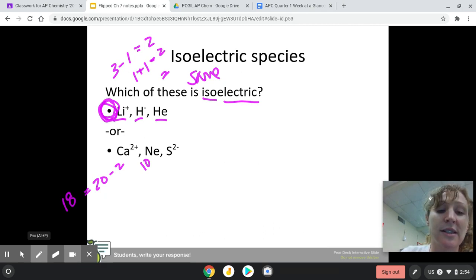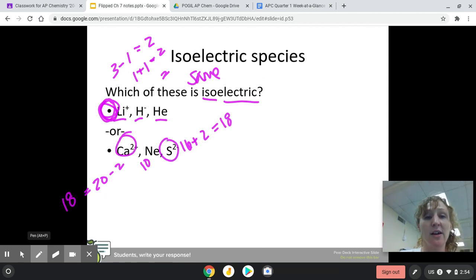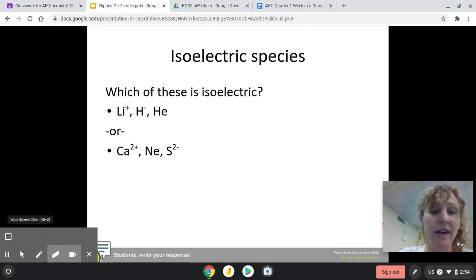So it starts at 16, gains 2 to become 18. So the calcium ion and the sulfide ion are isoelectronic, but neon is not isoelectronic with them. Again, every ion will be isoelectronic with a noble gas.